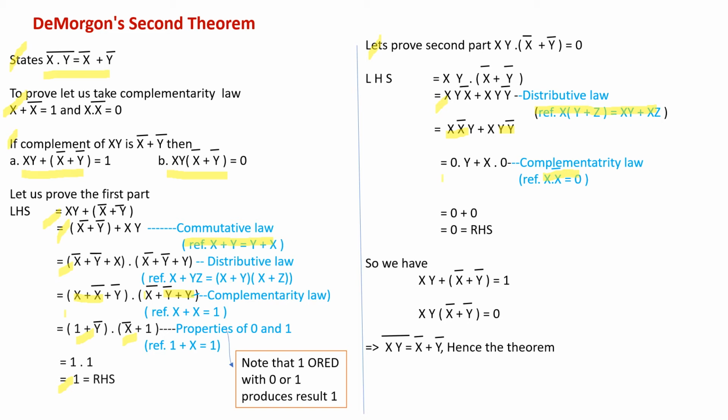We replace that in the expression, and finally we get the end result as 0, which is nothing but the RHS. So we have proved both the first expression as well as the second expression, and by this we can say that De Morgan's second theorem is also proved.